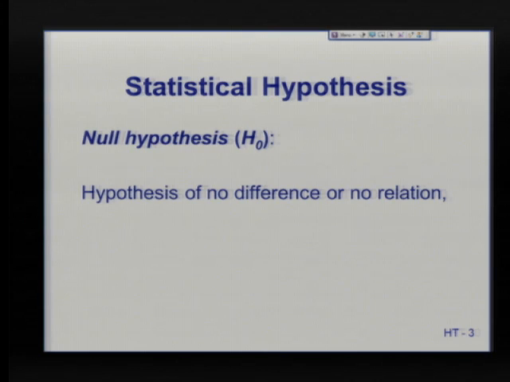While you're going through this test procedure, you first always have to state two statistical hypotheses, one null, one alternative. Then use the test statistic to draw your conclusion about these hypotheses. So what's the null hypothesis? Here we look at the slide. When you're doing any kind of testing, the null hypothesis usually relates to no difference or no relation.